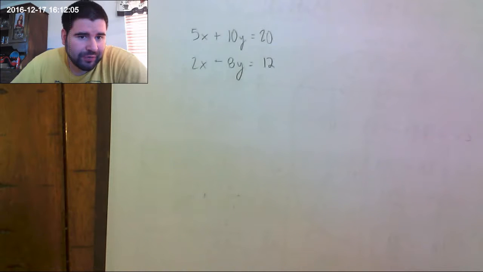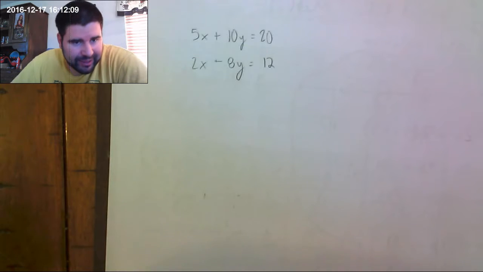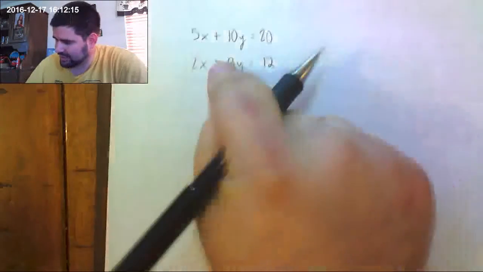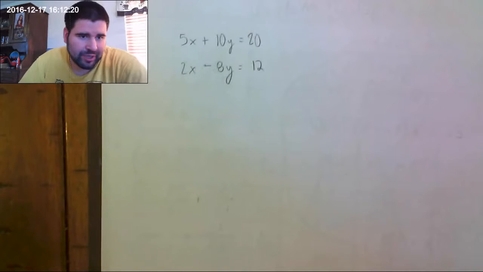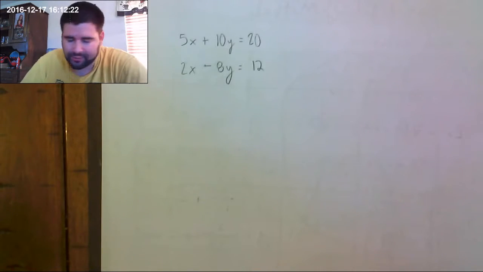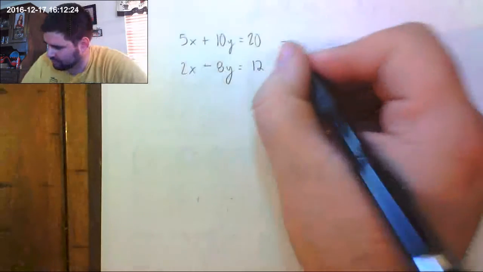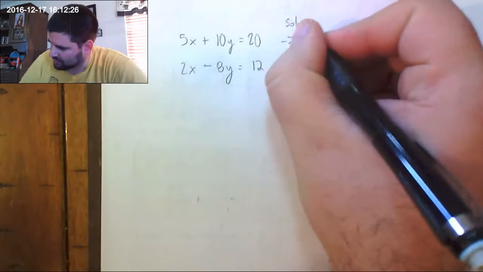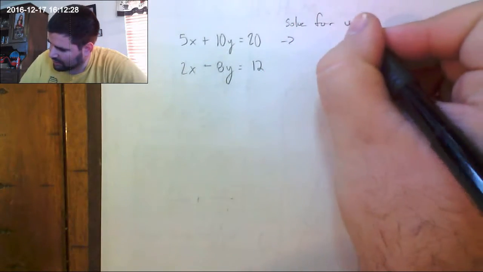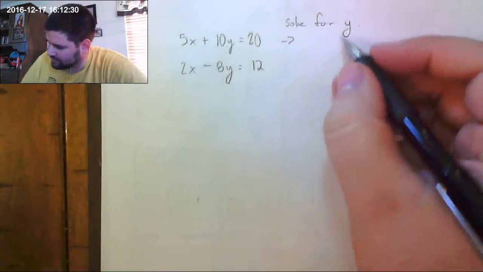Well, first off, I'm going to pick the easiest equation to work with. It doesn't really matter, but generally speaking, pick the easiest one for you to solve. I'm going to pick this guy so I can solve for y.